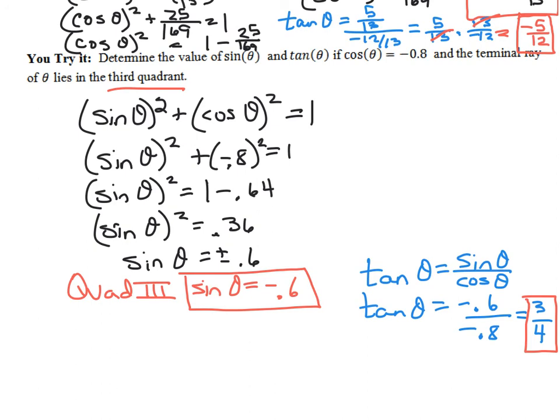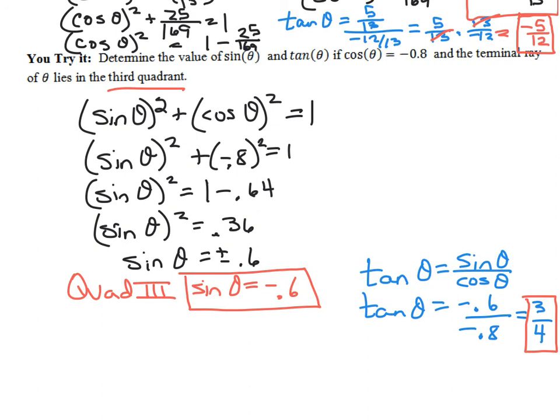Now, since my terminal ray was in the third quadrant, the y-coordinate for sine is going to be negative. So I said that the sine of theta is going to be negative 0.6. Now, once I know sine, and I already was given cosine, I can evaluate tangent by saying sine divided by cosine. So negative 0.6 divided by negative 0.8 gives me an answer of 3/4.